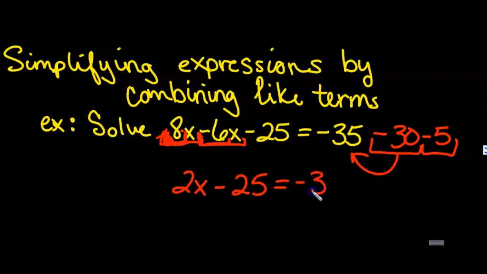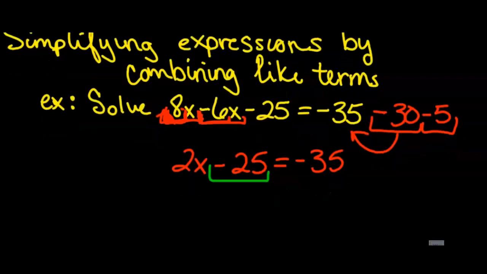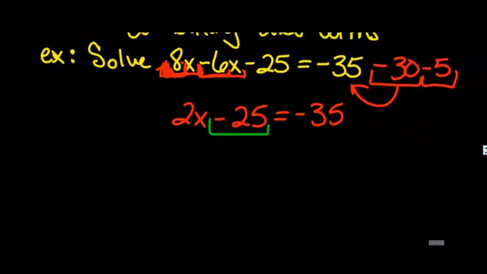Okay. So again, we're going to start at the addition or subtraction. We see subtraction. We're going to end up doing the inverse operation, which is addition. So we'll end up adding 25. What I do to one side, we'll do to the other.